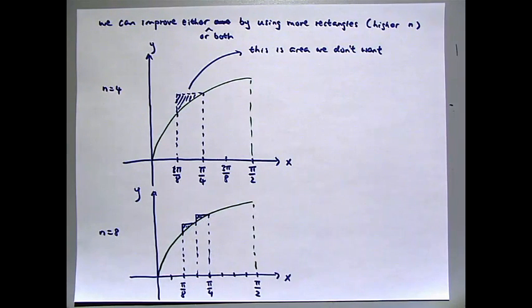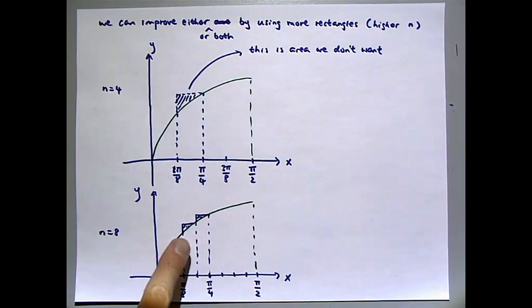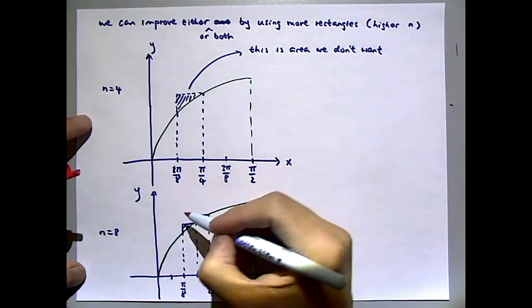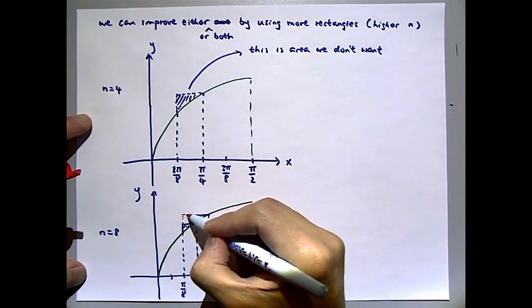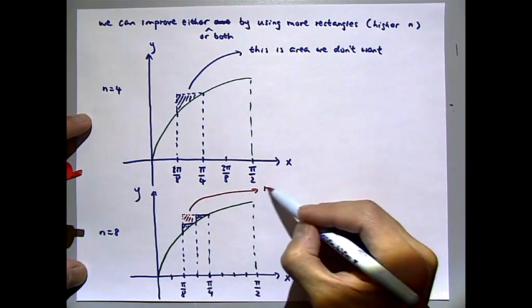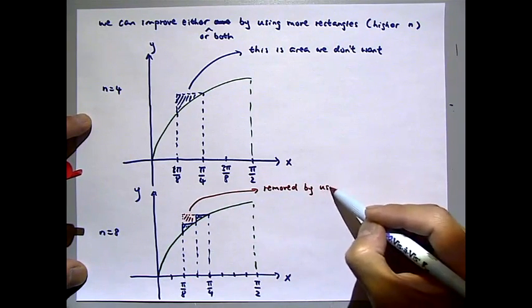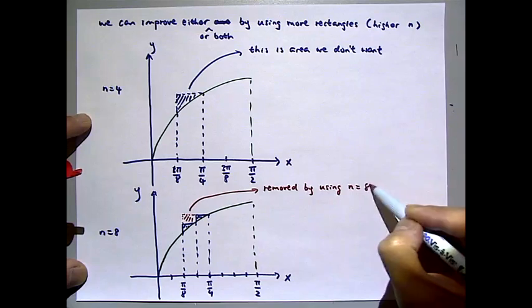Now notice that when you use 8 in the second part and line them up, the big area that we didn't want in the first case, we now remove a portion of that by using thinner rectangles. This red part, we remove by using n equal to 8.